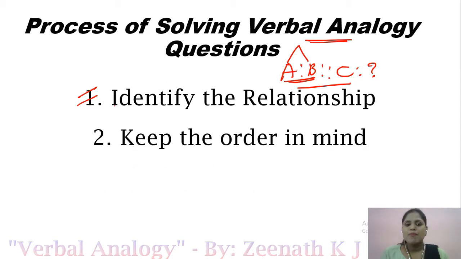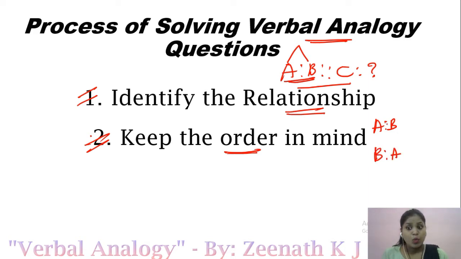The second step is to keep the order in mind. Remember, analogy is not just about identifying the relationship, it is equally about having the order in mind. Because A is to B is not the same as B is to A. Why?